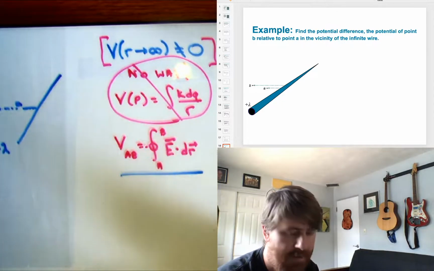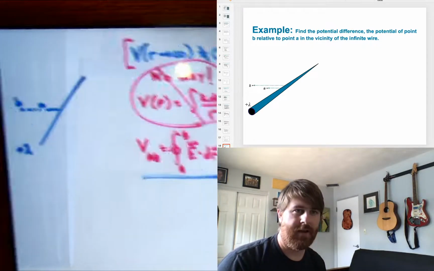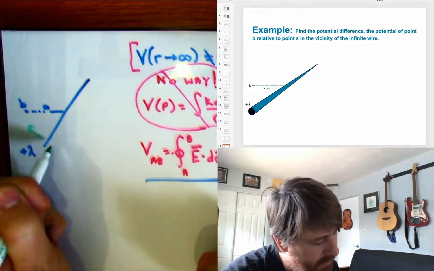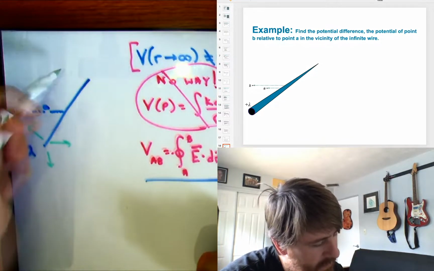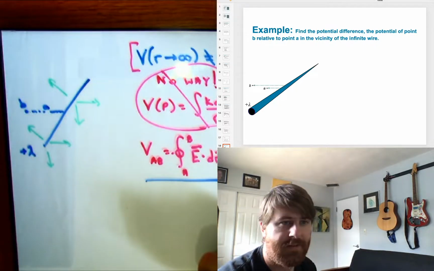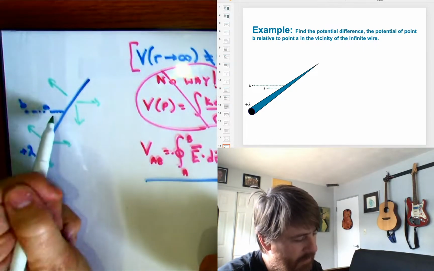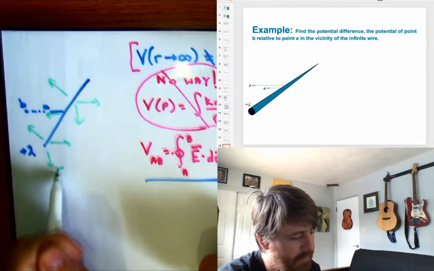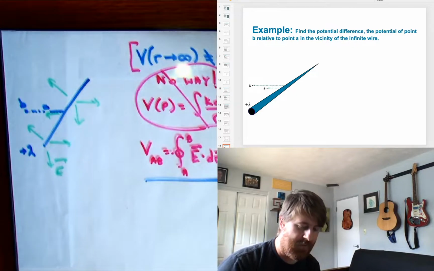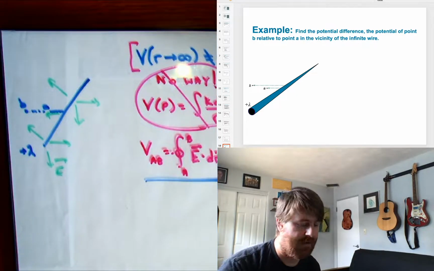right? And the electric field due to the wire is everywhere outward. Okay, so that's the electric field. And we solved for the electric field in the last chapter for an infinite wire from Gauss's law.